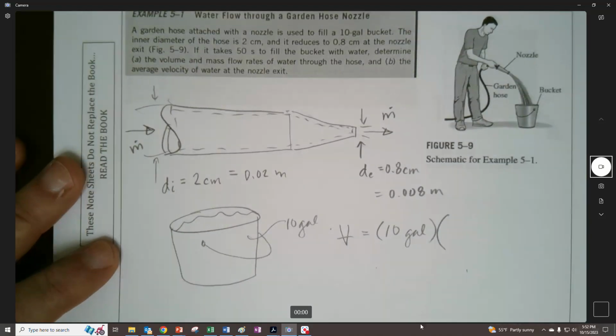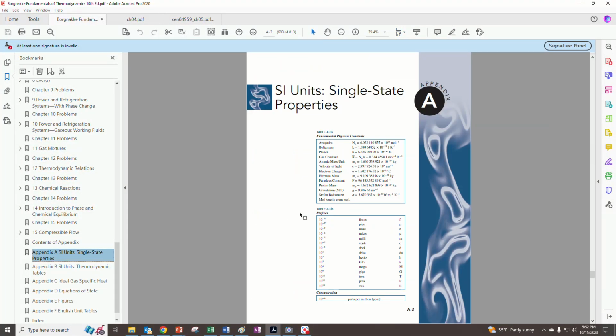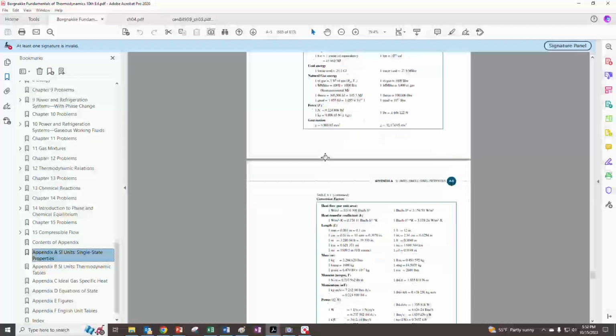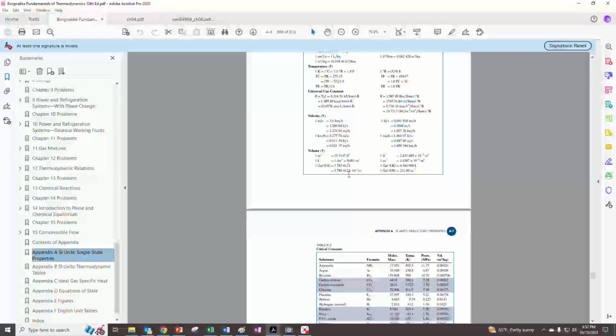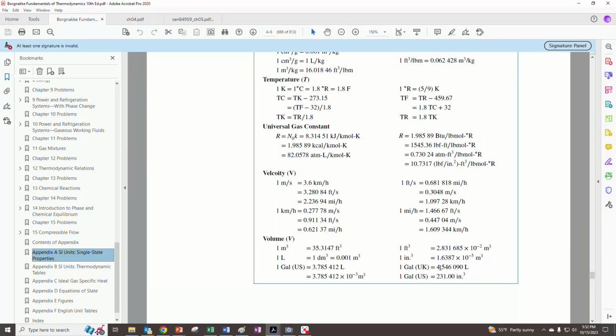You too can use the back of the book to find things. And I think it's right here at the beginning. If you want to go to volume, right here, you'll see 1 gallon is equal to this many cubic meters.